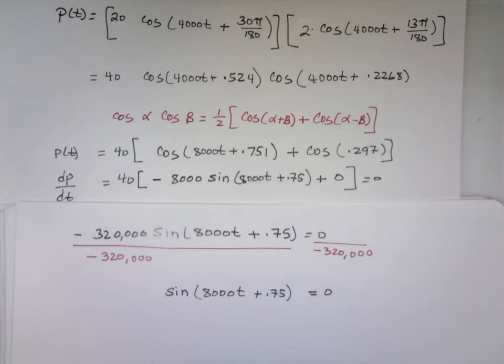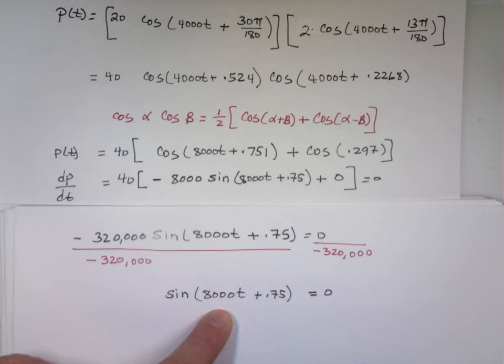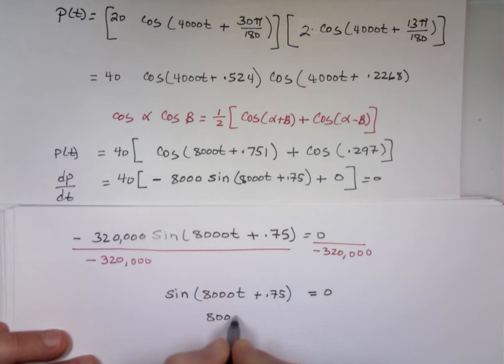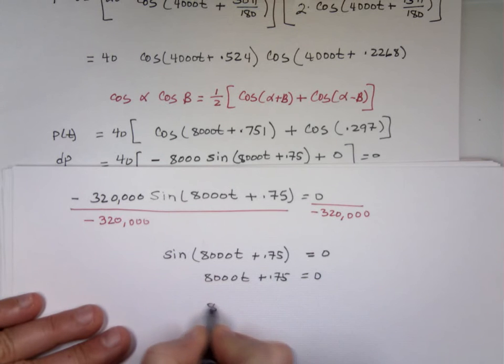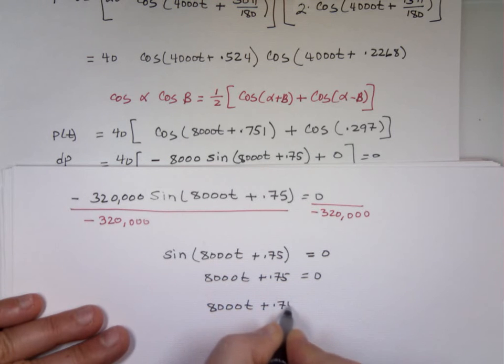And once you know that, you know what the current and the voltage are. Why? For the sine to be 0, we know the angle has to be either 0 degrees or 180. So one of them is 8,000 t plus 0.75 equal to 0, or 8,000 t plus 0.75 equal to pi.